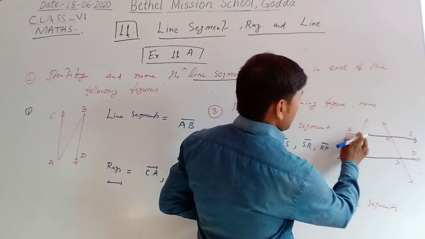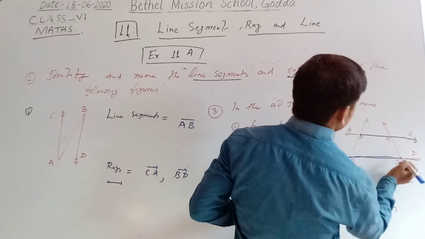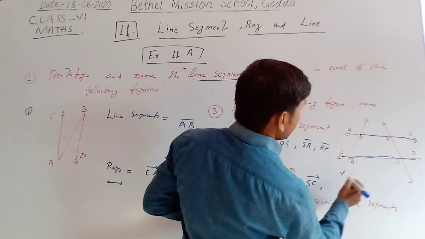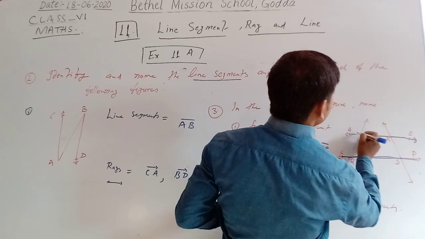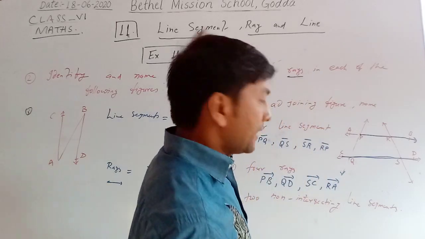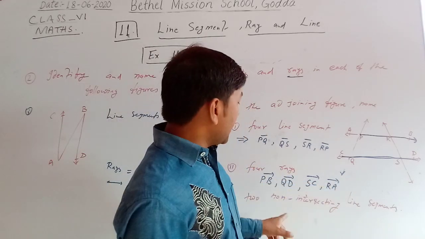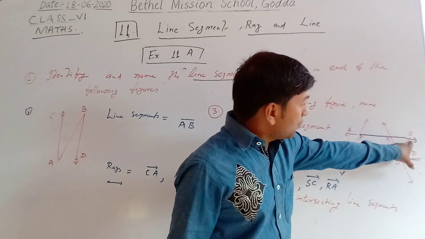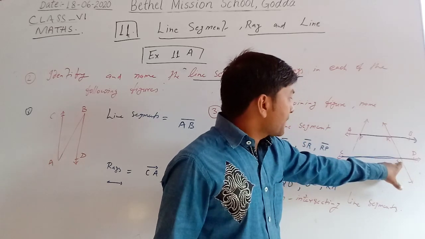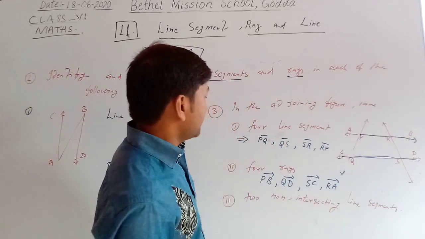We will take another from S, SC, and also from R to A, RA or AR, whatever you can write. Okay, where the name is written, I have taken PB from P to B, and there is Q to D, and now SC and BA.